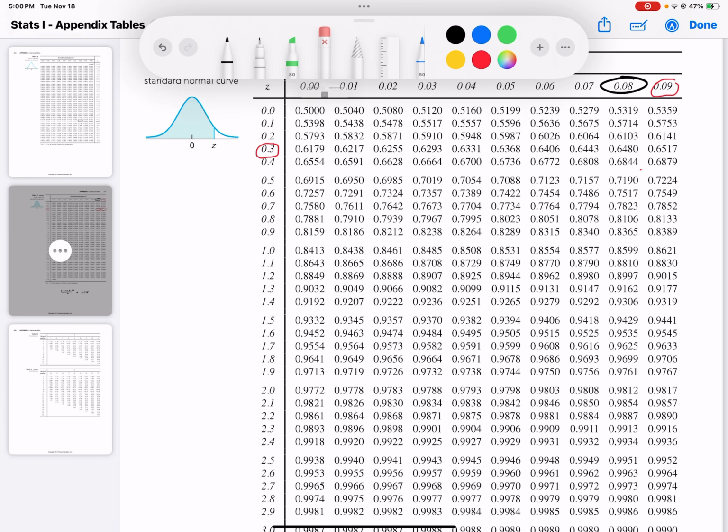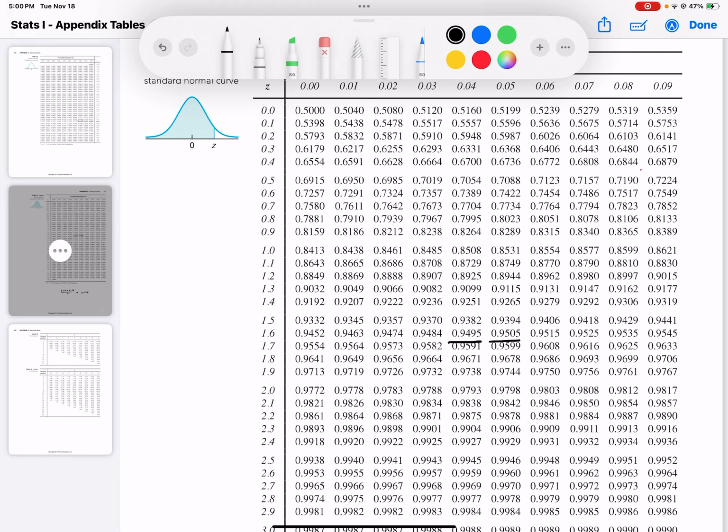Look here. Let me erase all this so you'll see where I am. I'm looking for the closest value to 0.9500. Both of these values, 0.9495 and 0.9505, are equally distant from 0.9500.